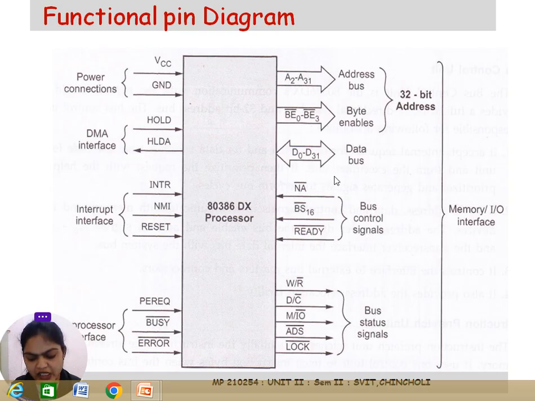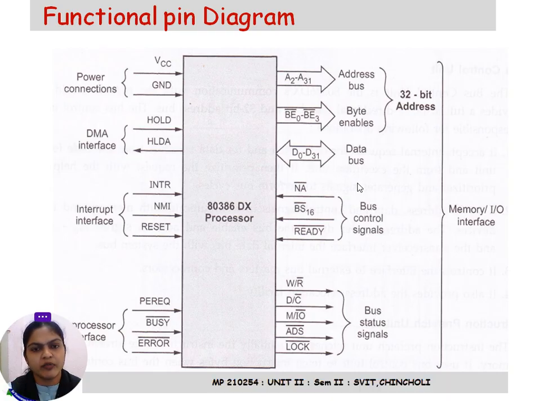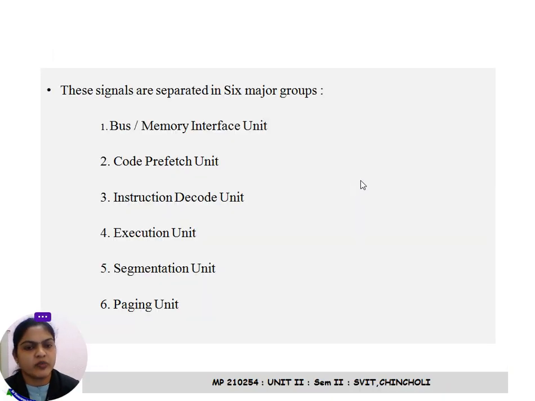Now we will see the pins of the 80386 one by one. Majorly, all these pins are classified into these 6 types. First is the bus memory interface unit, where either the data or address bus or the control bus is required.